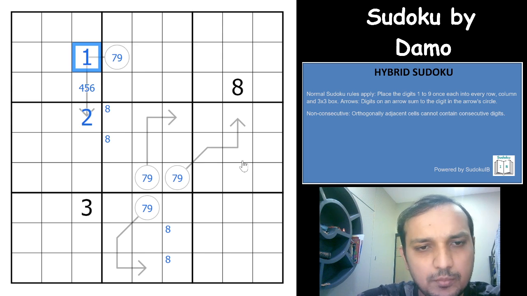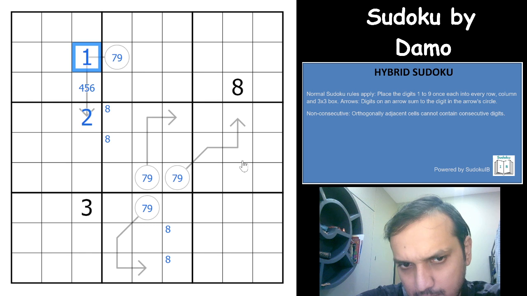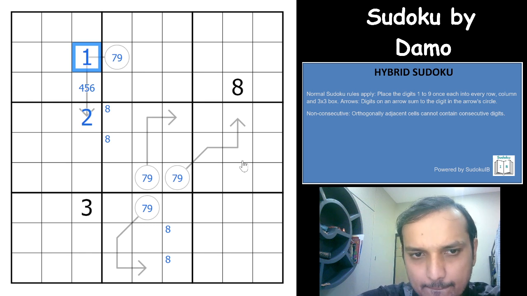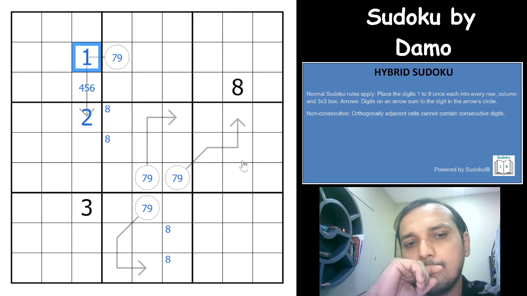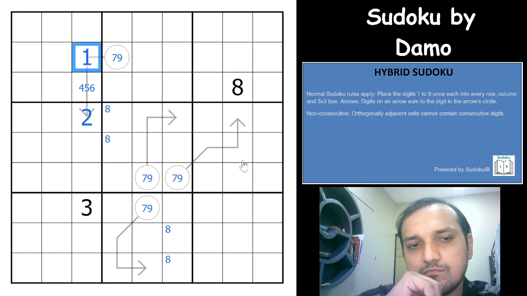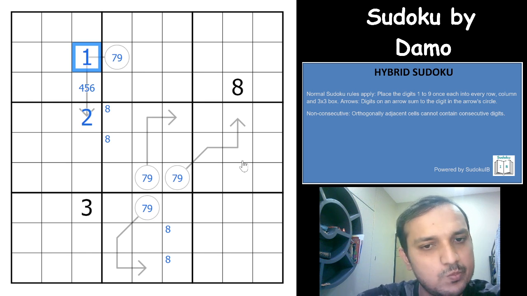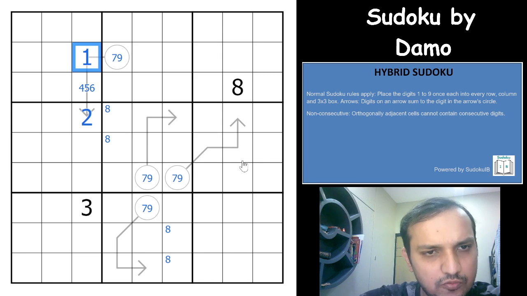Come on, what am I missing here? No, seems to be a tough one.